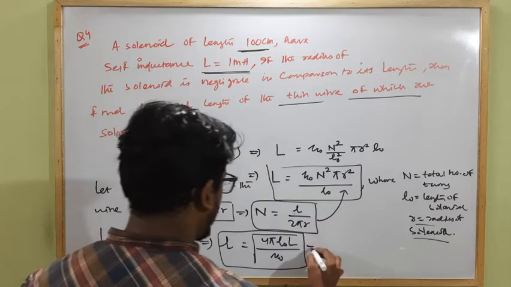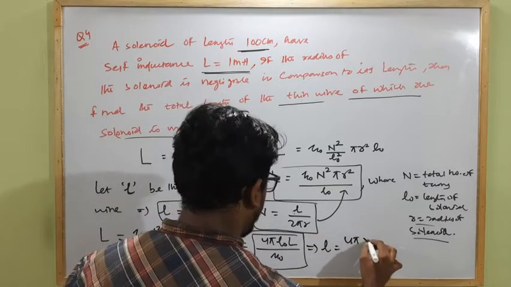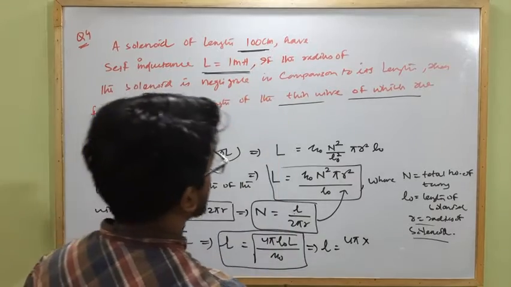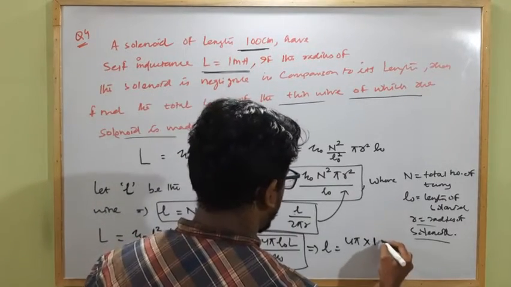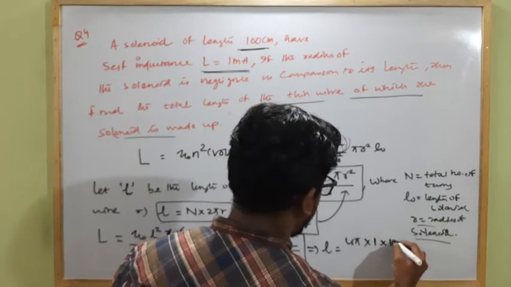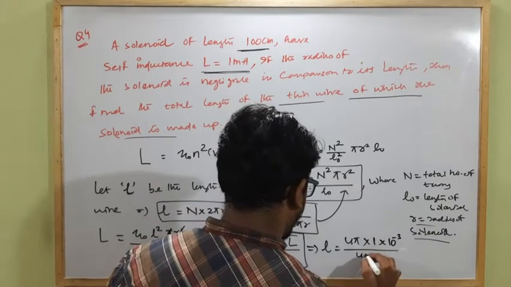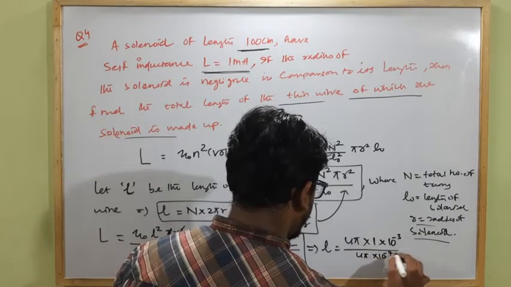So from this we will get the length of the wire will be the root of 4 pi into L naught, 100 centimeter, that is 1 meter, into L is 1 millihenry, that is 10 to the minus 3 henry, divided by mu naught, which is 4 pi into 10 to the power minus 7.